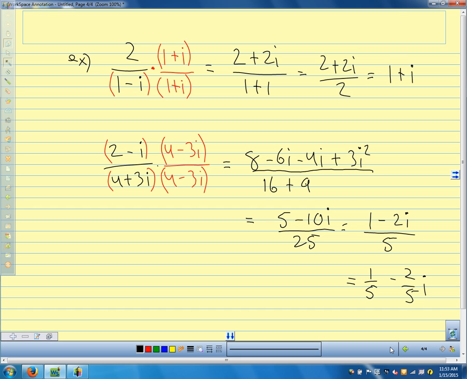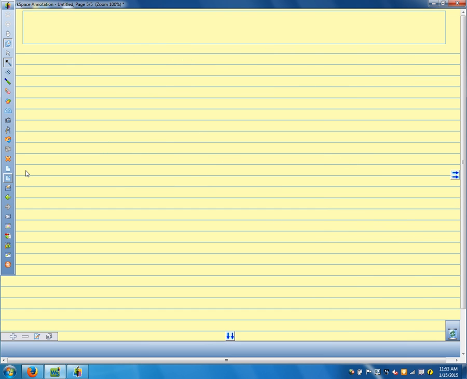Okay, one last little detail. When you use the quadratic formula, so you're solving a quadratic equation, you end up taking the square root of a negative number.